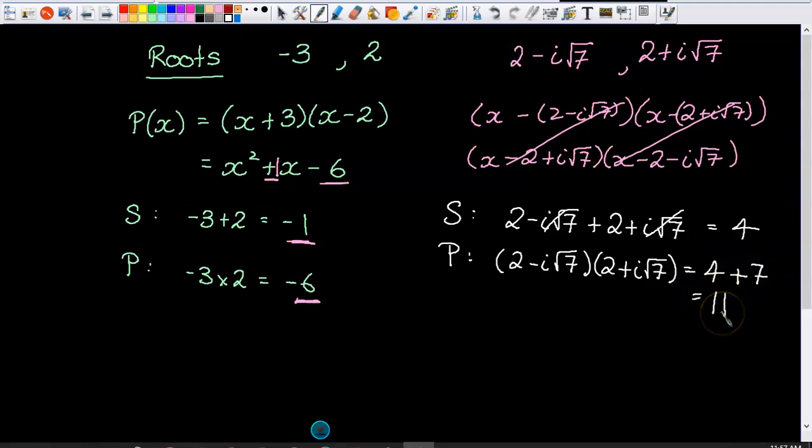Remember, your calculator does that for you. So you could type that in if you wanted to, or you could say x squared take 4x plus 11, or you could pop that into your polynomials degree 2, solve and make sure that you get the same.